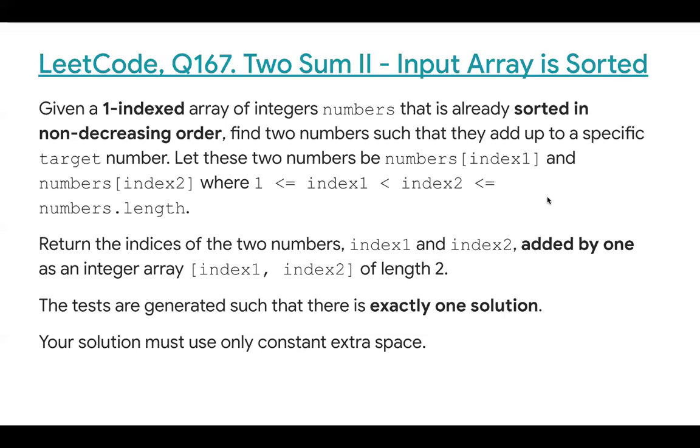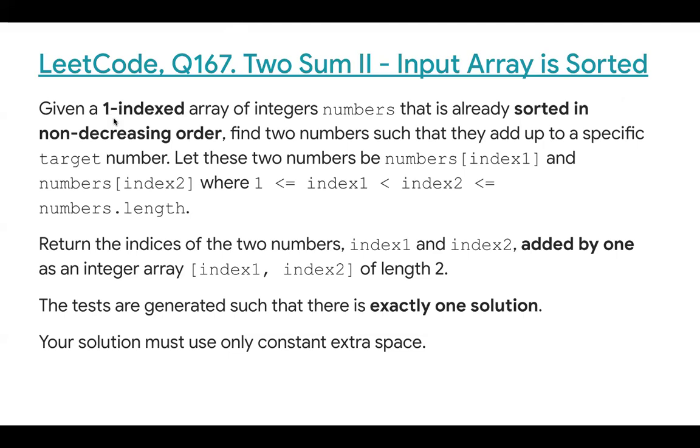This is question number 167, Two Sum, input array is sorted. So we are given an array of integers, which we call numbers, that is already sorted in non-decreasing order. Here, this array is one-indexed.